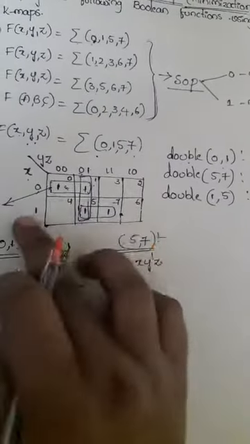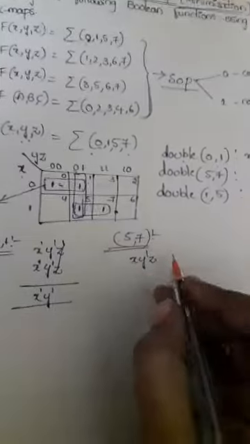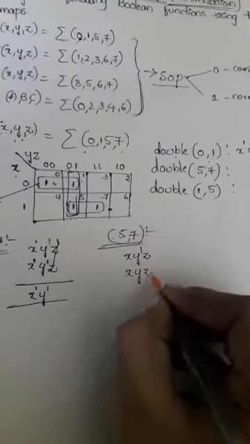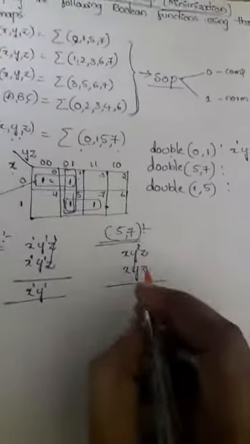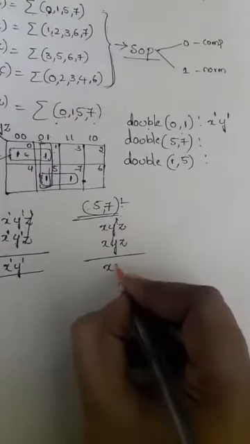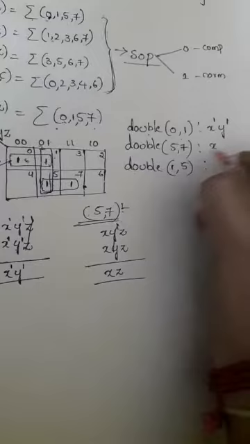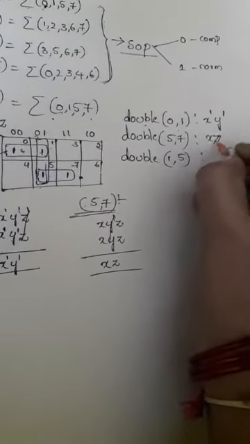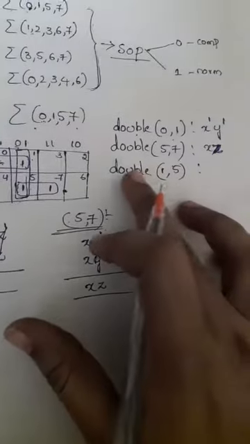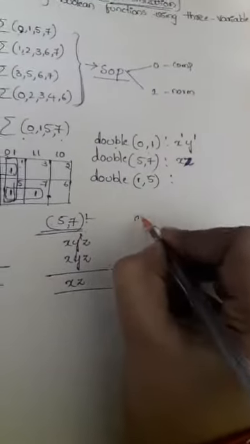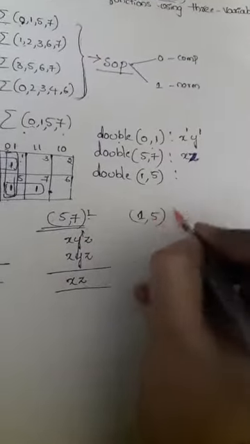For 7 all will be 3 ones, so all will be normal variables: x, y, z. Here the changing variables are y complement and y. You can neglect that. So x, z is the prime implicant result for this double.